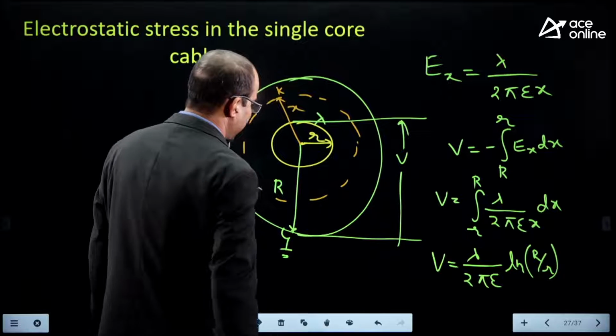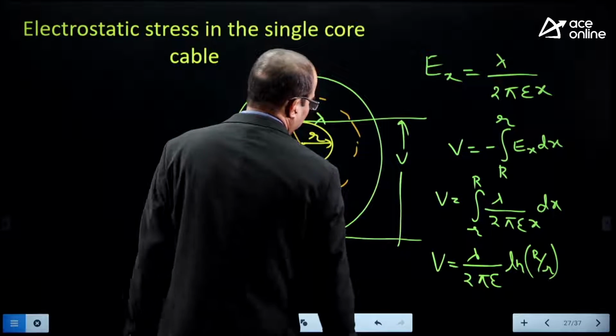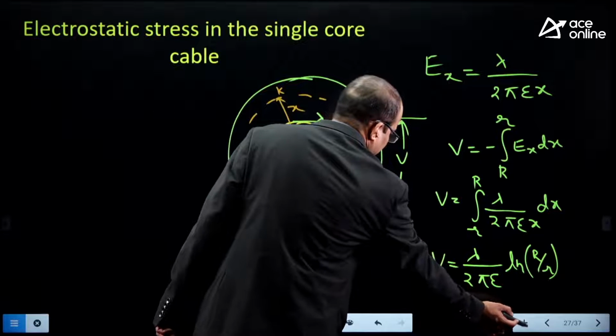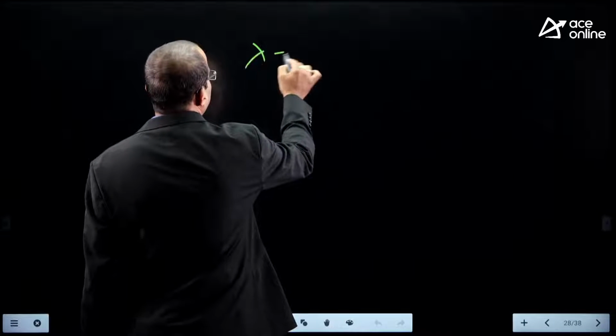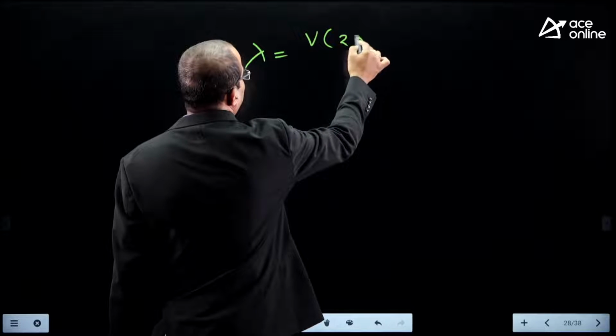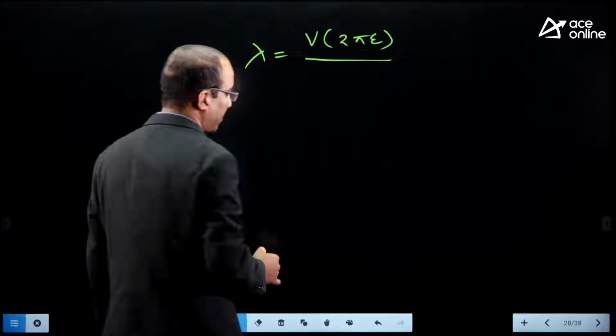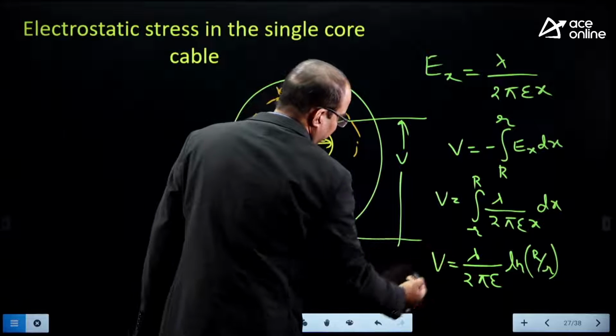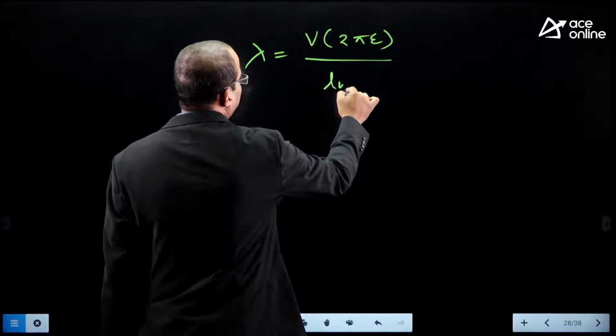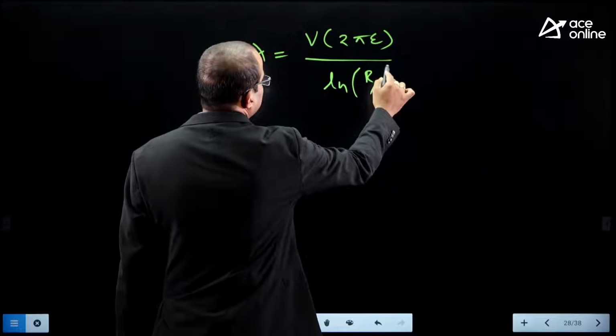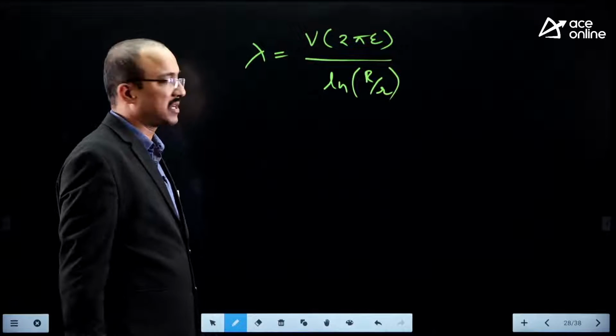Here we require the expression for lambda. Lambda can be written as V into 2 pi epsilon divided by ln of capital R by small r. So this is the electrostatic charge lambda.